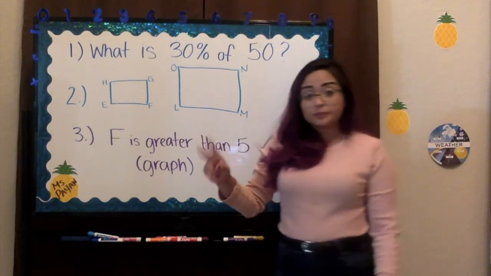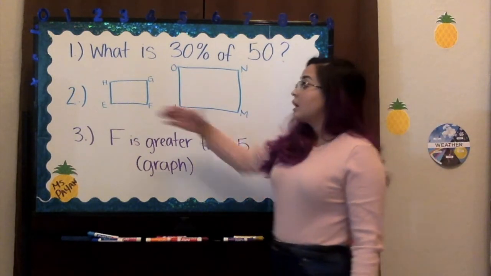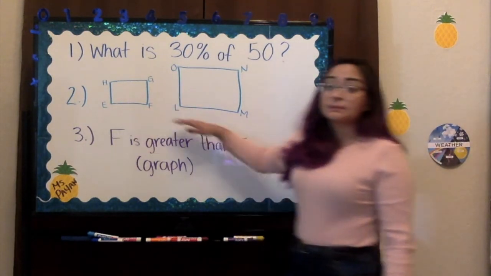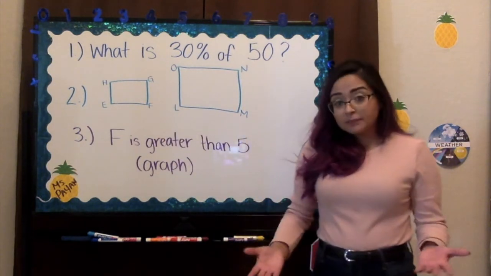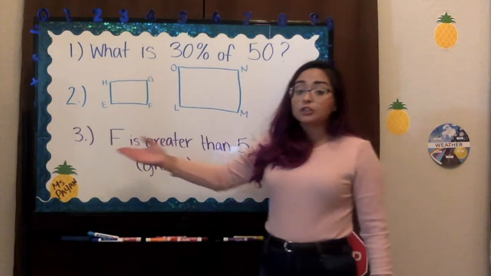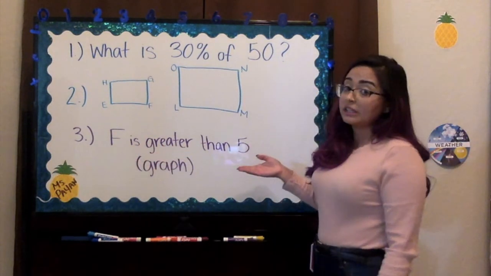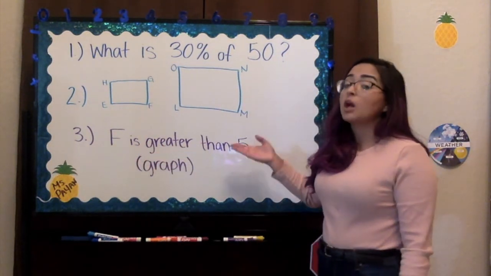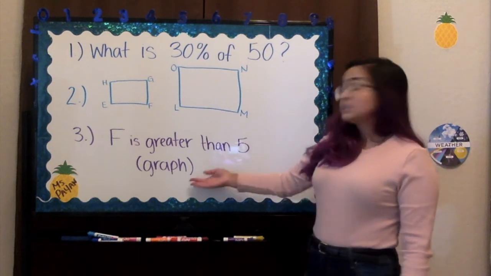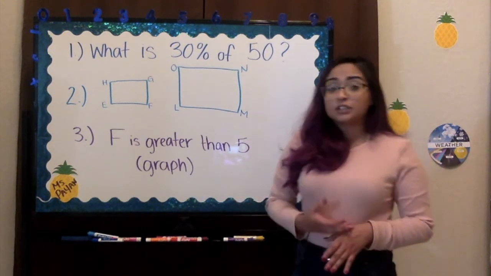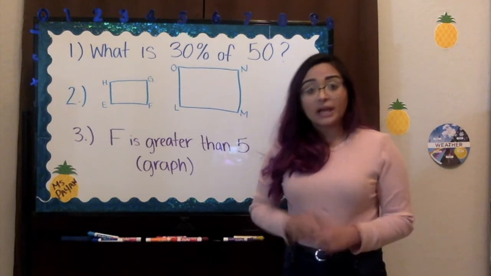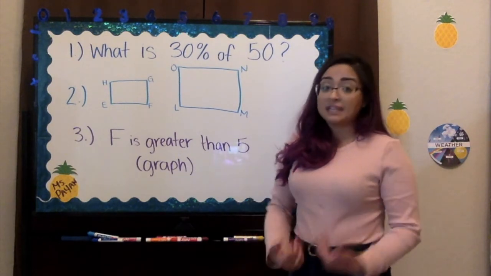Number 2 is to write out these similar figures. Number 3 is for you to write out this inequality with its proper inequality symbol and to graph it with the number line.